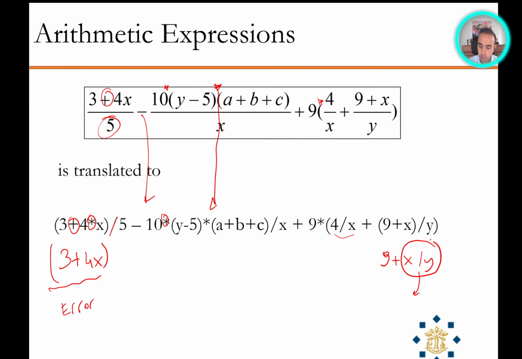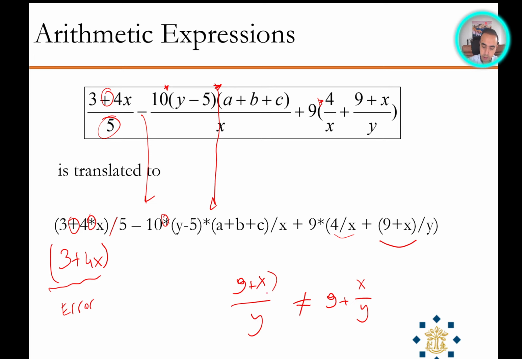So what it will be doing is 9 plus x by y, which is not always equal to 9 plus x divided by y. Okay? So make sure that you are using the parentheses so that this is executed first, and then you have the division by y. Okay, so this is really important.